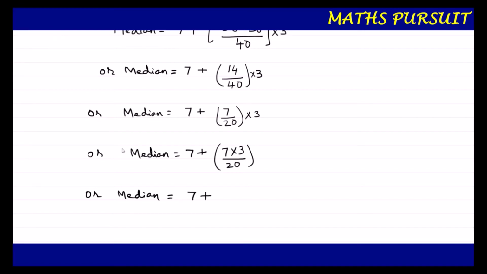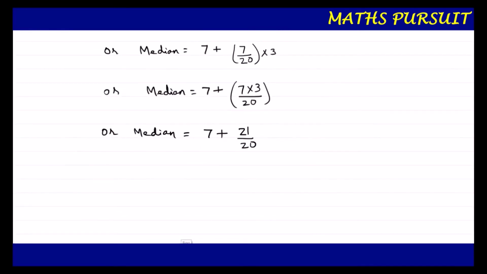Median is equal to 7 plus 21 upon 20, 7 3s are 21. 21 upon 20 we will get 1.05, or finally median is equal to 8.05.